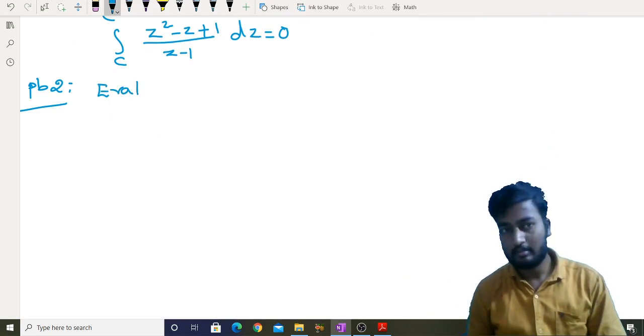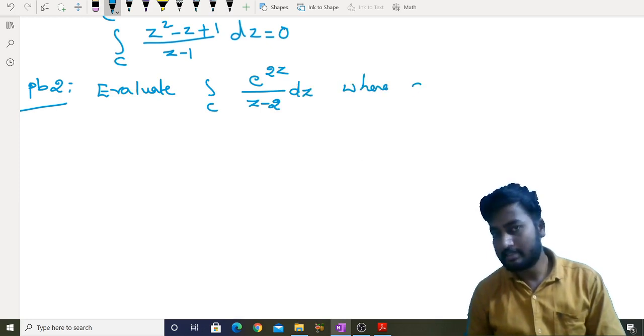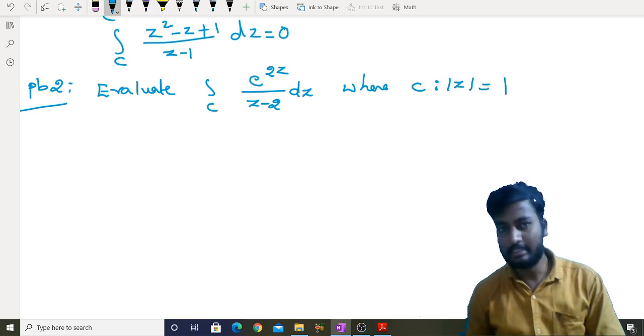Evaluate the integral over C of e power 2z by (z minus 2) dz, where C is mod z equal to 1. Now compare this with the integral of f of z dz.